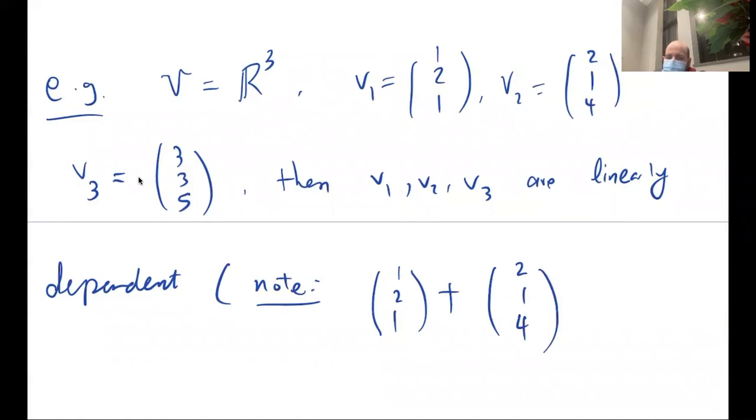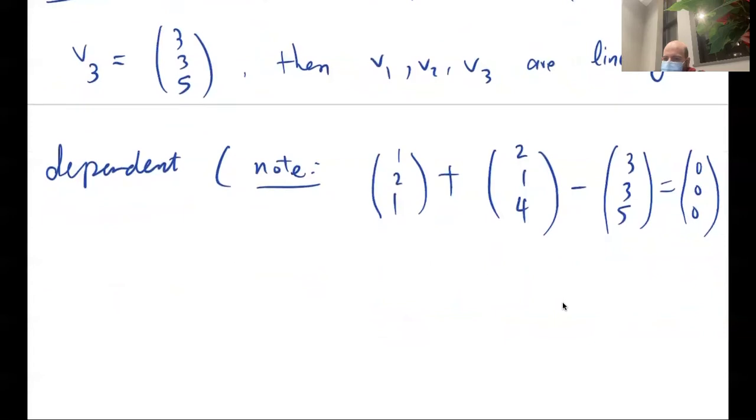So I just need to add minus V3 to this, minus (3, 3, 5), and then I get (0, 0, 0). This plus this minus this gives me 0. So that means V1, V2, V3 are linearly dependent.